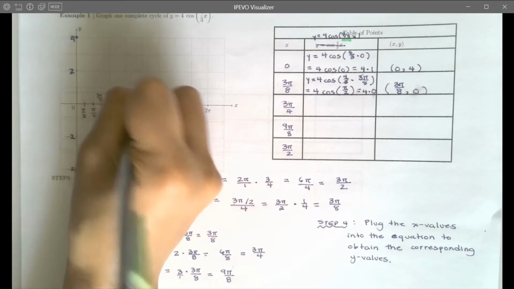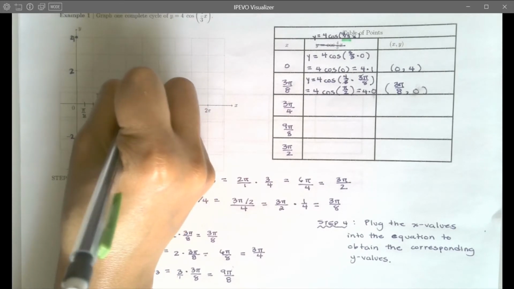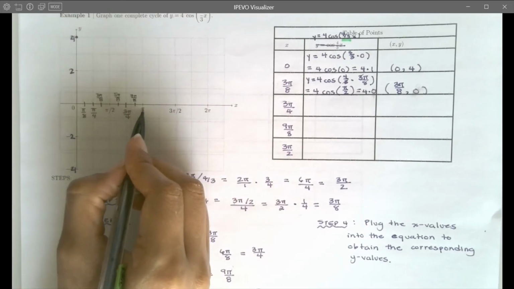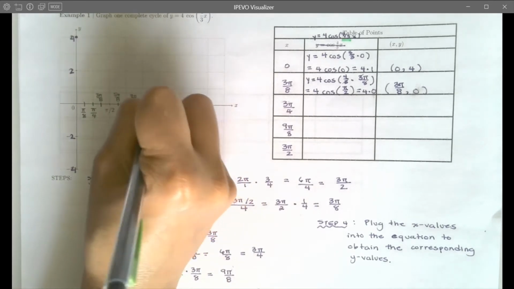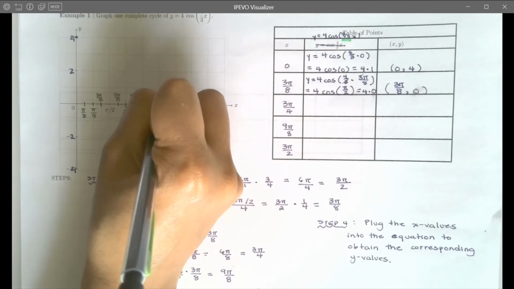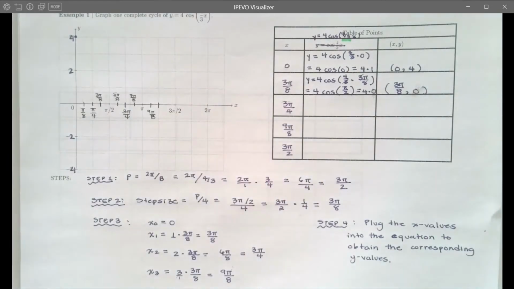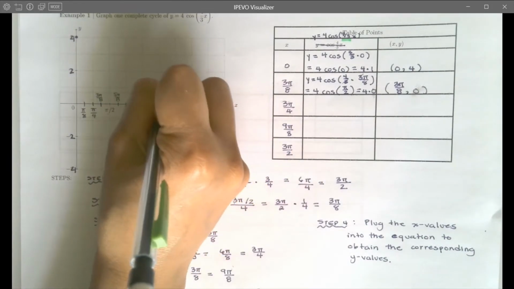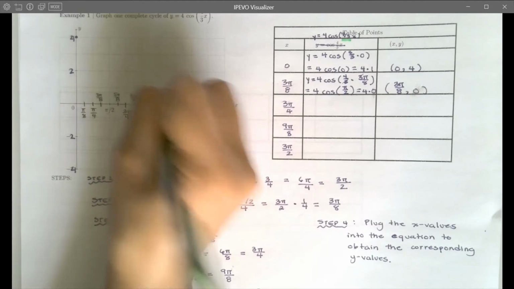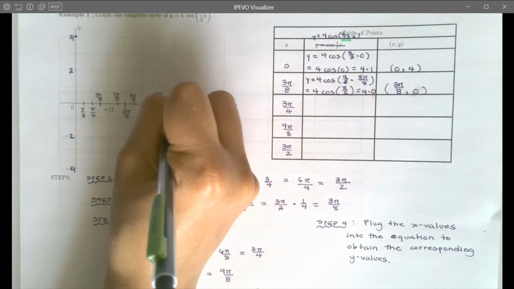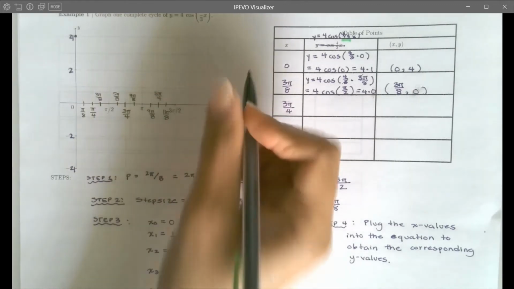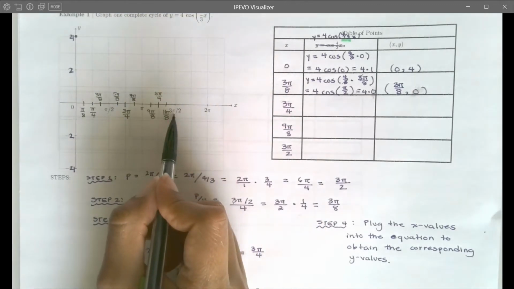Then we'll have 7 pi over 8, 8 pi over 8, 9 pi over 8, 10 pi over 8, but that reduces down to a 5 pi over 4. 11 pi over 8, and finally 12 pi over 8 that reduces down to a 3 pi over 2.